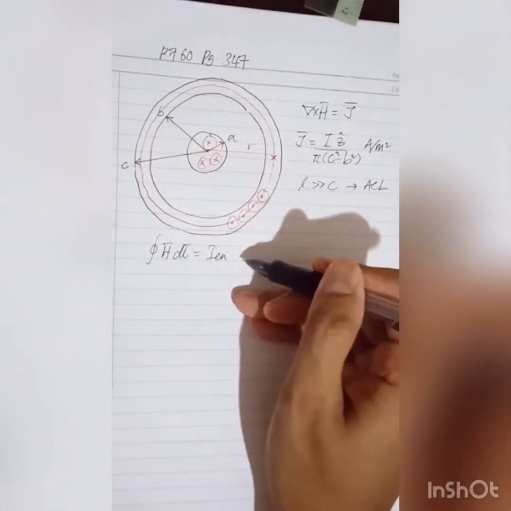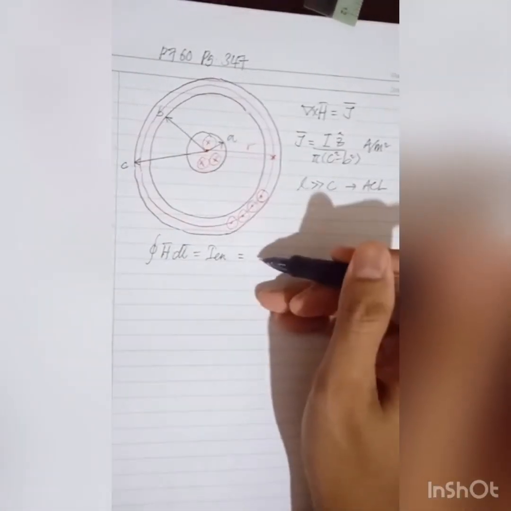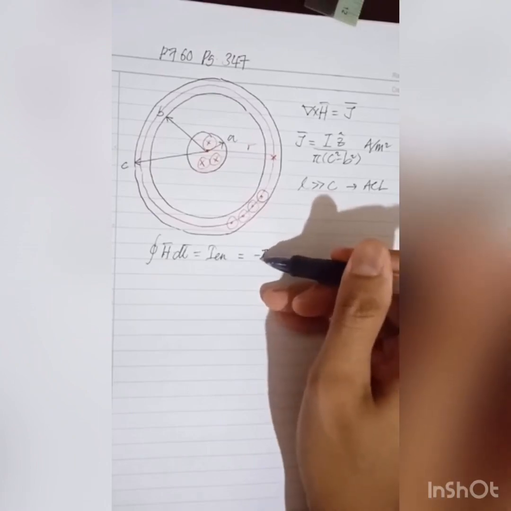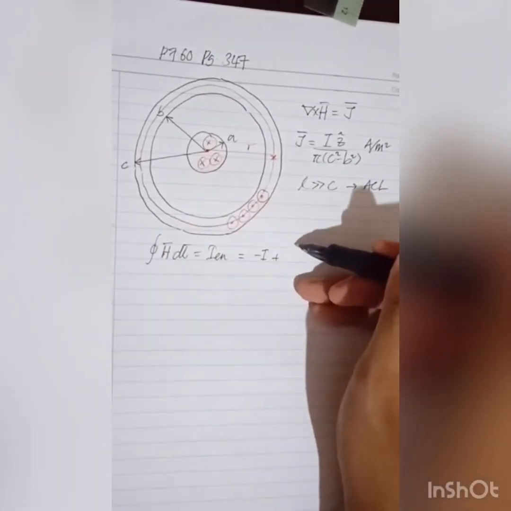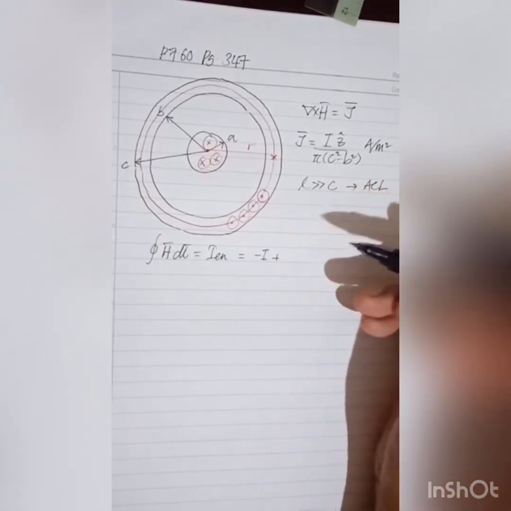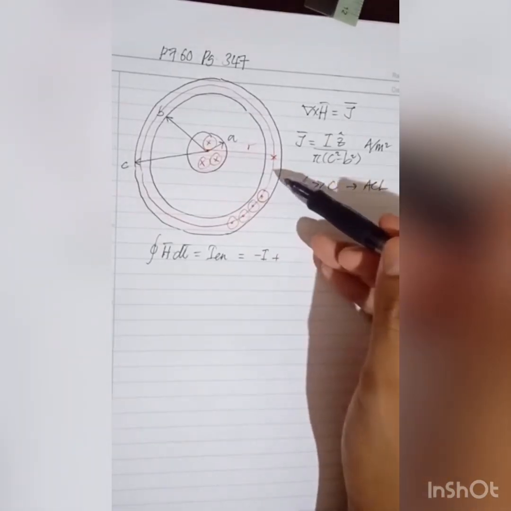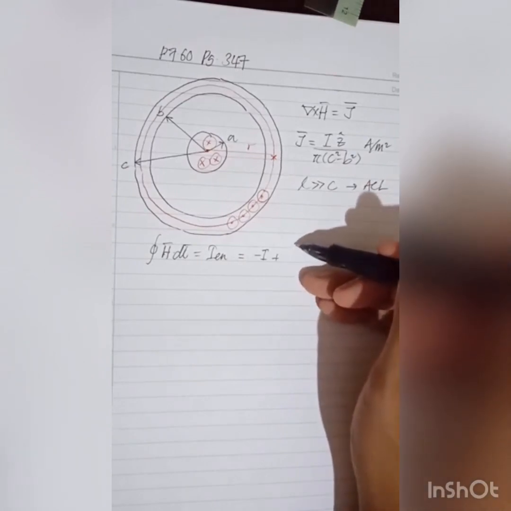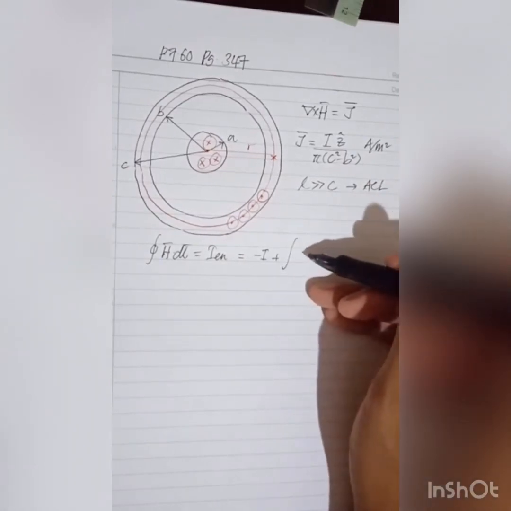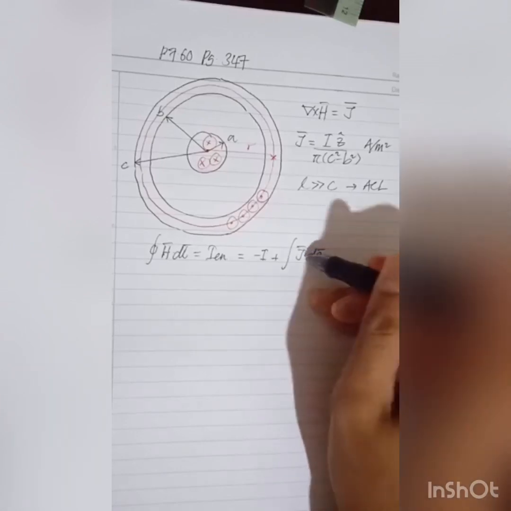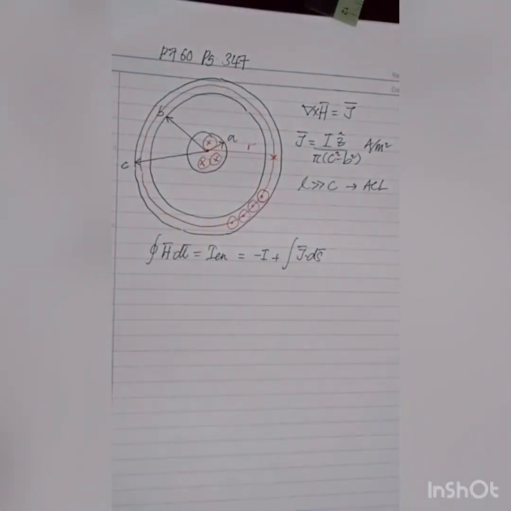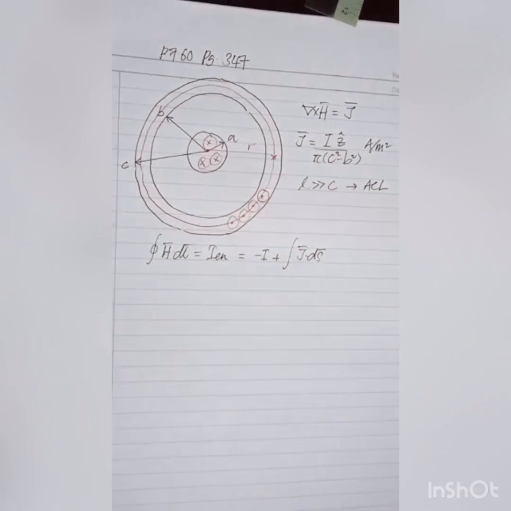So I enclosed is negative I, which comes from the inner conductor, plus the I that partially comes from the outer conductor, which we find using the volume current: the integral of J dot dS. That's how we find I enclosed from the volume current, performing the dot product of J and dS.